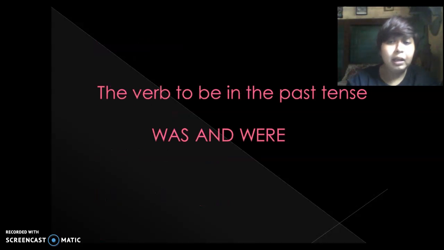And the verb to be in the past tense. I use the past to talk about true information, facts or dates that happened in the past, and the verb takes the forms was and were, depending on the personal pronoun.